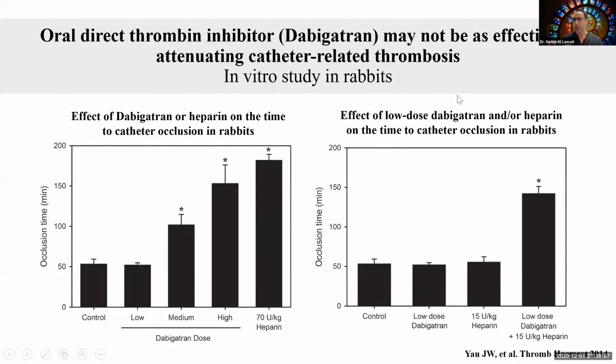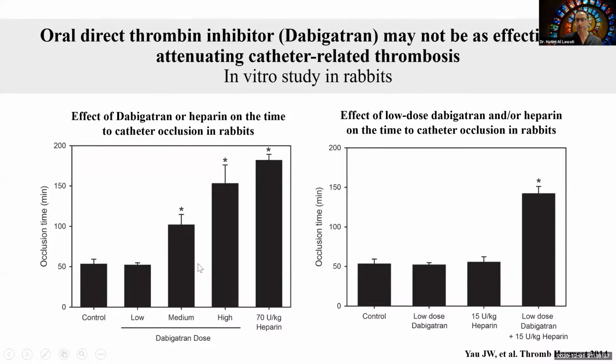This is a very eloquent study that was done in animals by Yao and his team. They basically tried to look at the occlusion time through a catheter that was inserted in the jugular vein of rabbits. They aspirated blood from the central line, and then injected it back, and kept doing it until there was no flow coming back from the catheter. That suggested that the central venous catheter was thrombosed.